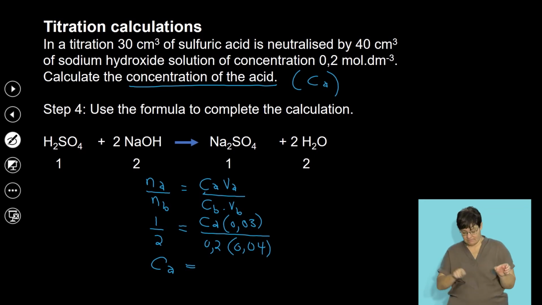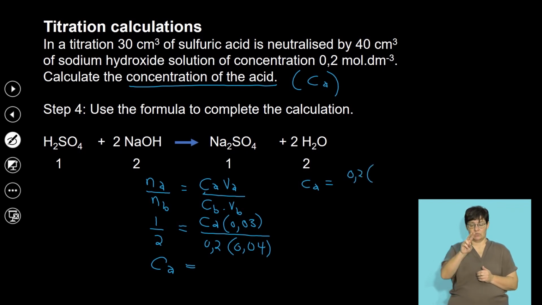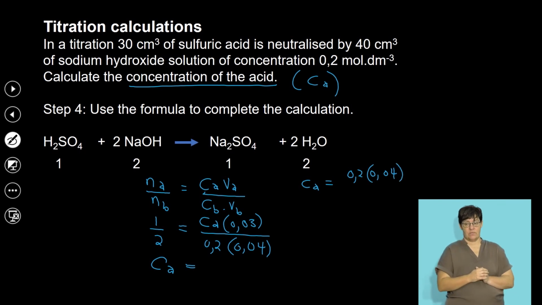So the concentration of acid in this case, if we cross multiply, it will give us something like Ca is equal to 0.2 multiplied by 0.04, okay? If you multiply that by 1, it won't change anything.